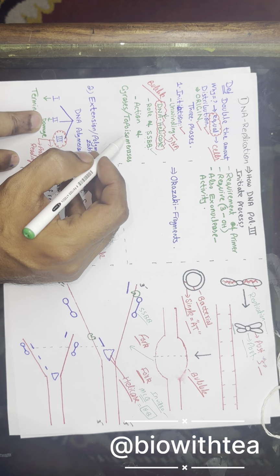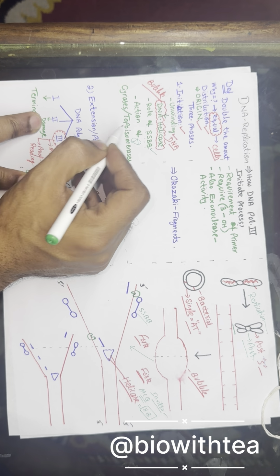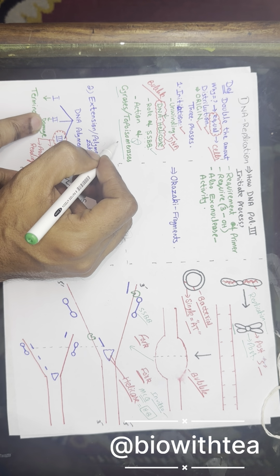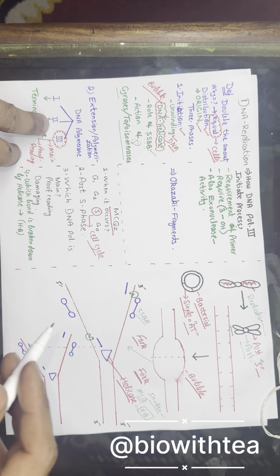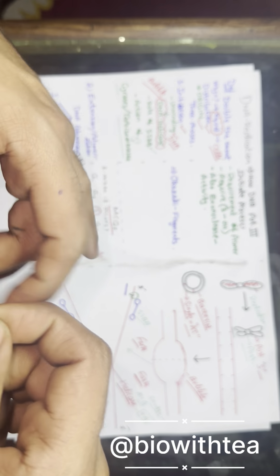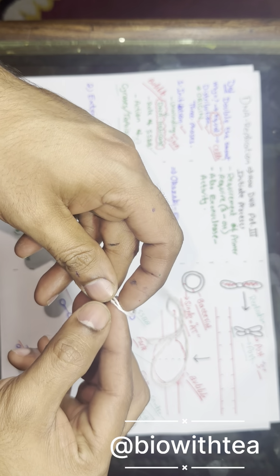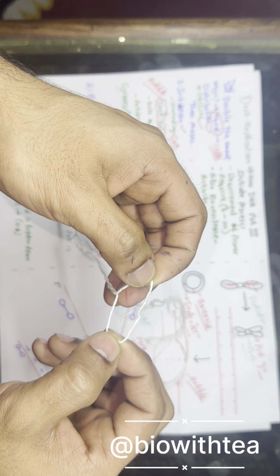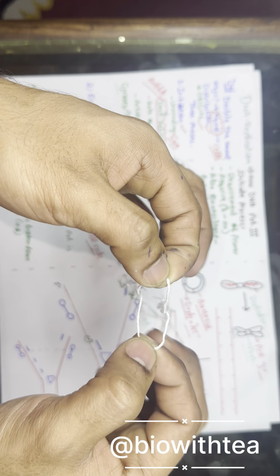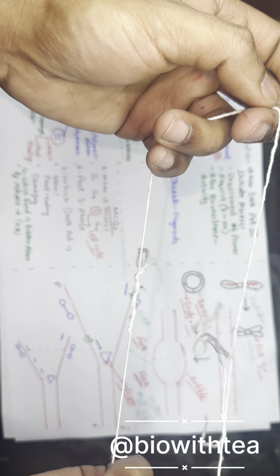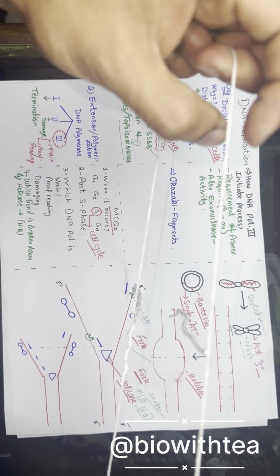Well, now there is a special concept, the action of gyrase or topoisomerase. Almost all books give this idea. Actually, when helicase comes, look at this thread. What it does is break down the hydrogen bonds between the strands. This is the helicase activity. But look here, when the strands become separated, sometimes the coils become much tighter, like at this end.